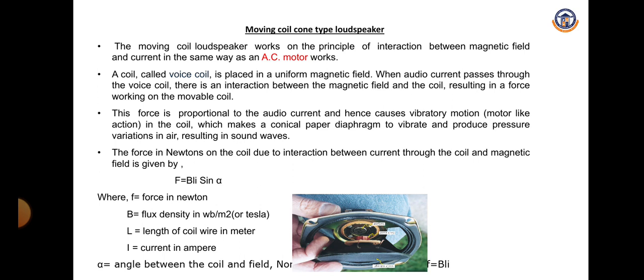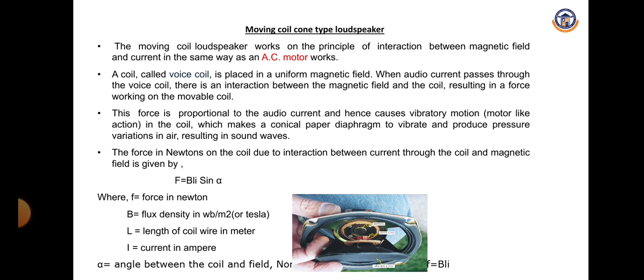First we see about the moving coil cone type loudspeaker. This loudspeaker works on the principle of an AC motor. In this loudspeaker we have one important coil called the voice coil, which is placed in a uniform magnetic field. Here audio current passes through the voice coil.